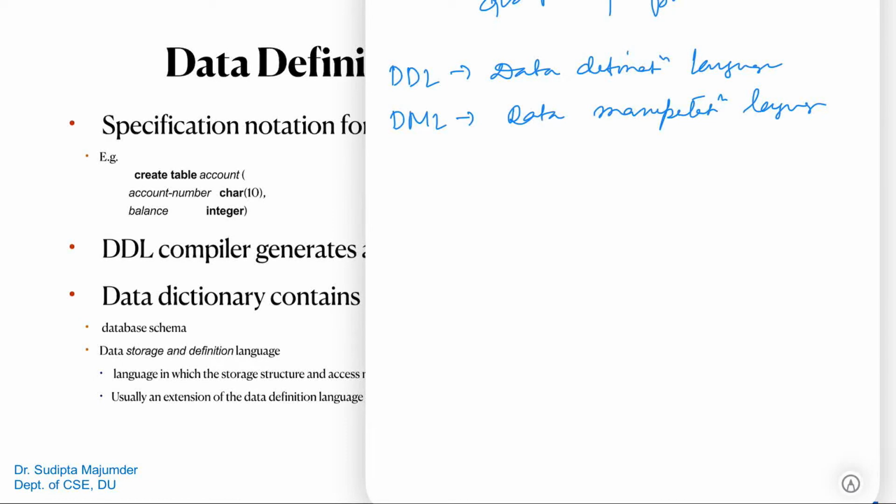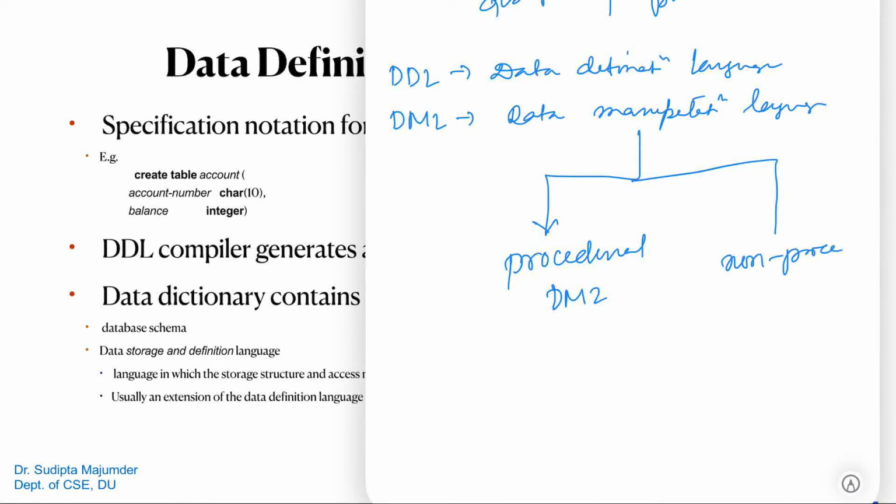And this data manipulation language can also be categorized into two categories. One is procedural DML, and secondly non-procedural DML.